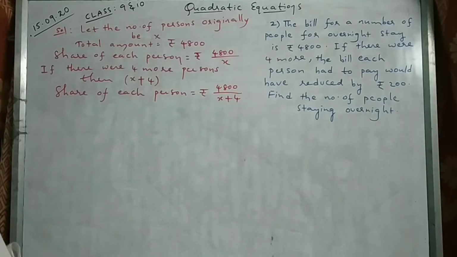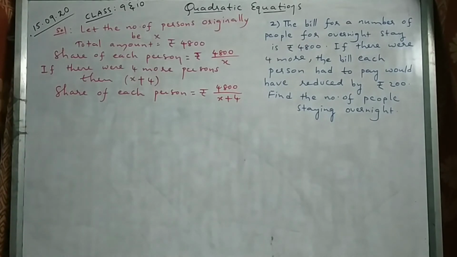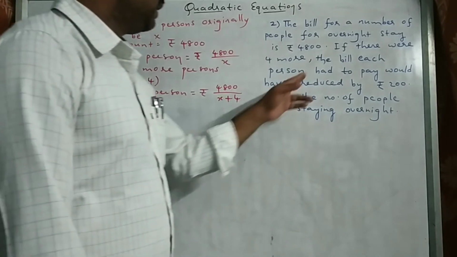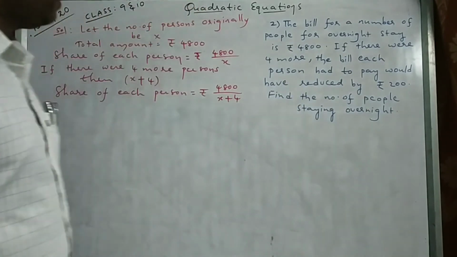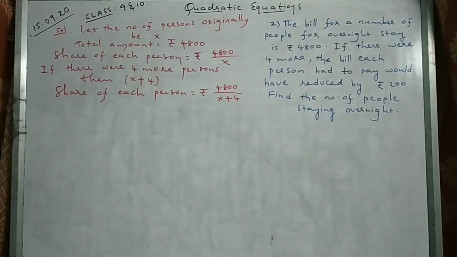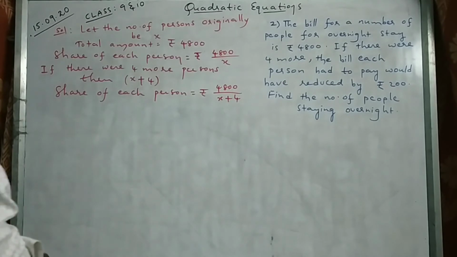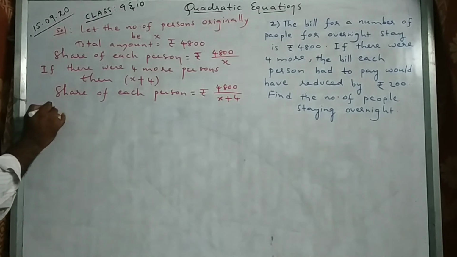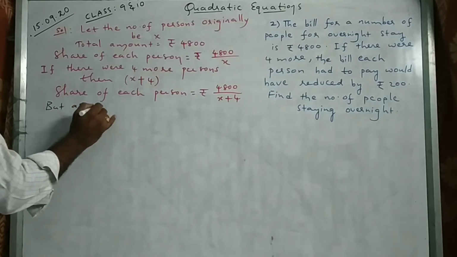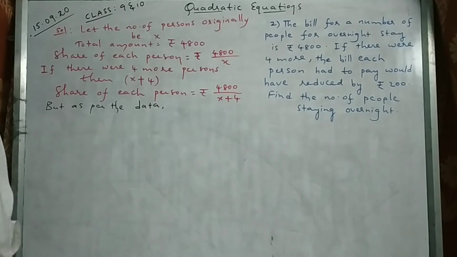If the number of persons is more, then what happens? The bill each person had to pay would have reduced by rupees 200. Share will be less. If persons are more, automatically share will be less, right?